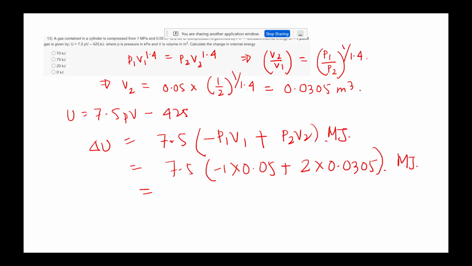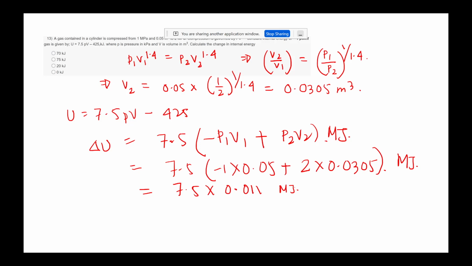And if you do those calculations, it will be minus 0.05 plus 0.0305 times 2. So this will be 7.5 times 0.011.